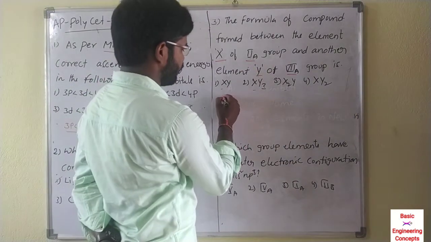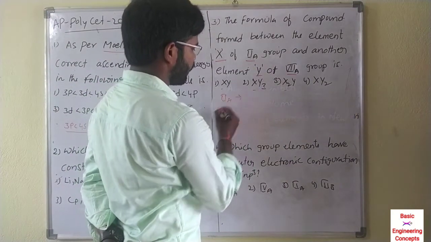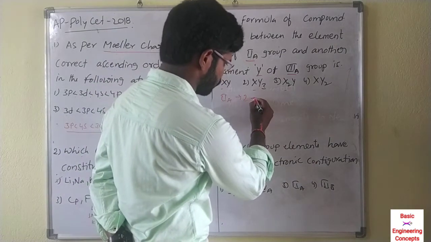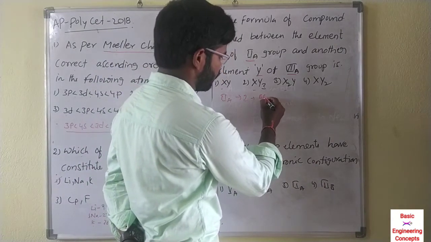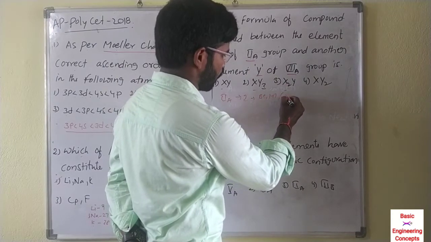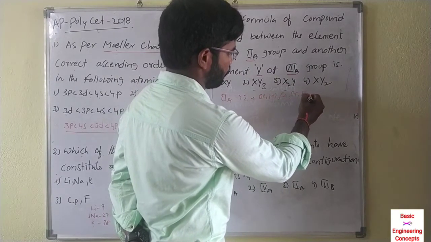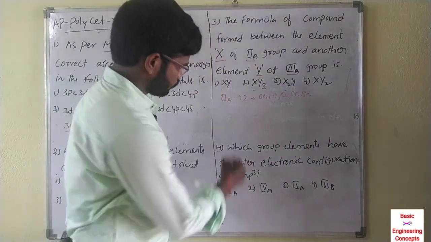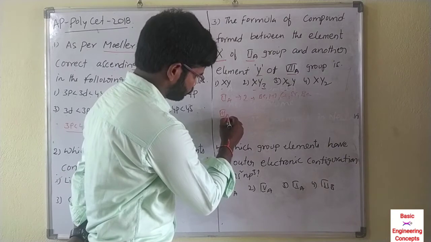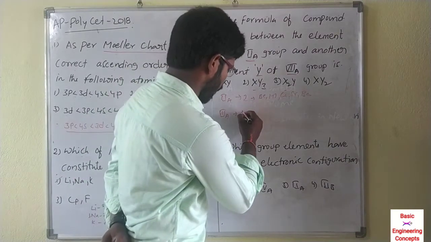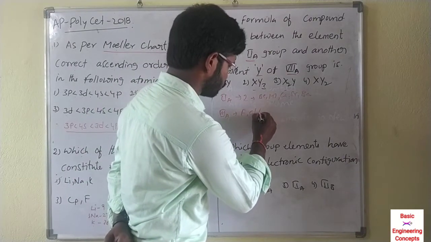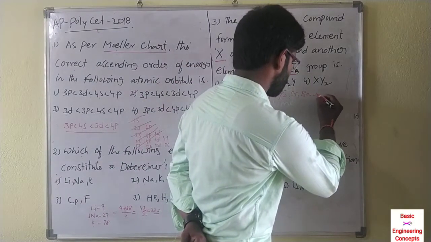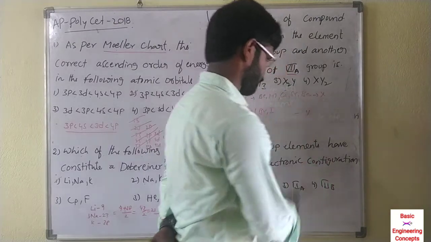Here, second group elements have valency 2, for example beryllium, magnesium, calcium, strontium, barium. Next, seventh group elements are halogens: fluorine, chlorine, bromine, iodine. So this is X, this is Y.